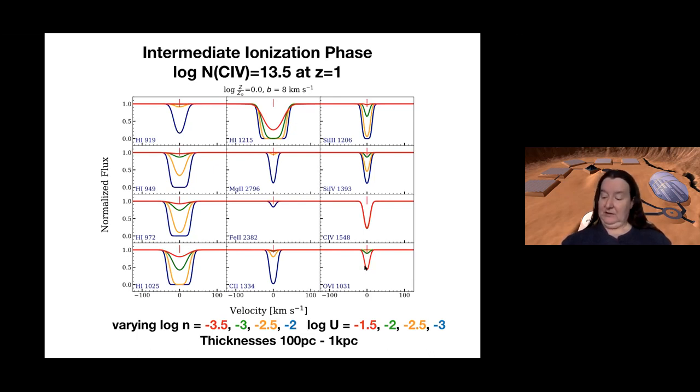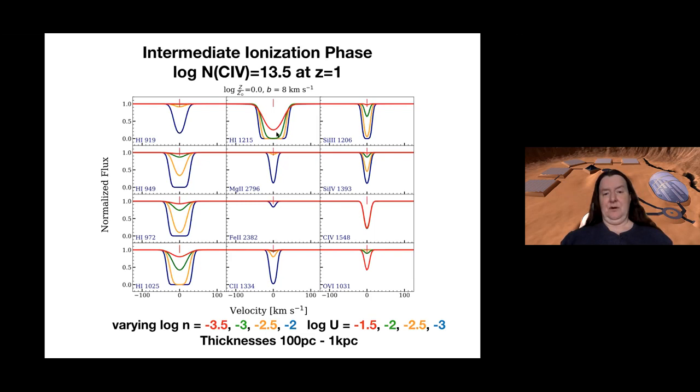We can actually go to a lower density yet and get a significant amount more of oxygen 6 in a photoionized phase at redshift 1. So that's an important point, and a difference with redshift 0 that we'll see later.